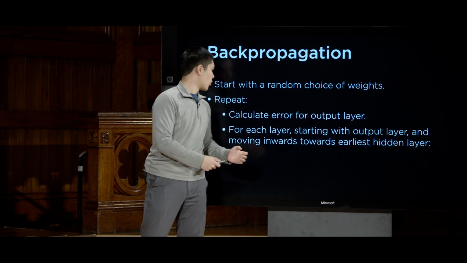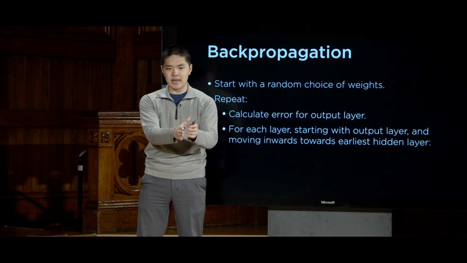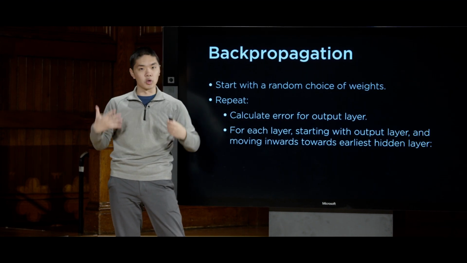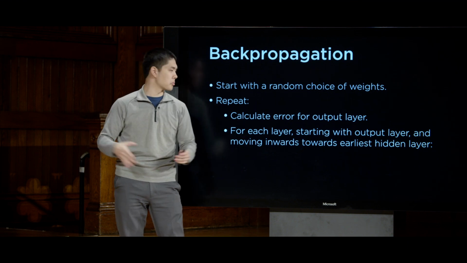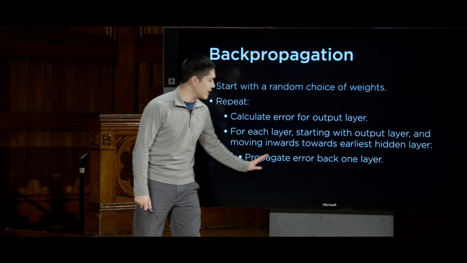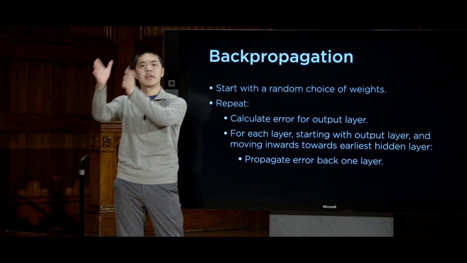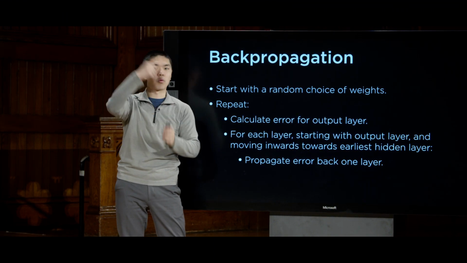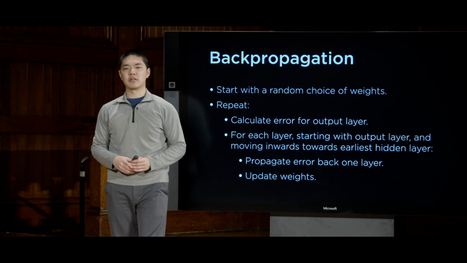But then we're going to repeat for every layer, starting with the output layer, moving back into the hidden layer, then the hidden layer before that if there are multiple hidden layers, going back all the way to the very first hidden layer. We're going to propagate the error back one layer. Whatever the error was from the output, figure out what the error should be a layer before that based on what the values of those weights are. And then we can update those weights.